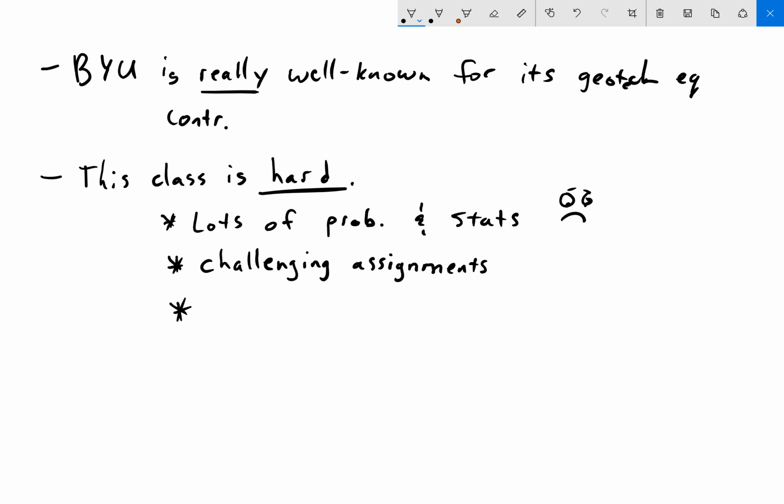Another thing that makes this class hard is that we have lots, and when I say lots, I mean lots of reading. Now I know that a lot of you are probably in the mindset that reading is optional unless there's some form of quiz or something that's in class. I don't roll that way. I don't like to offer quizzes to try to incentivize my students to learn. Instead, I want to provide the material and allow you to use your agency whether or not you want to learn.